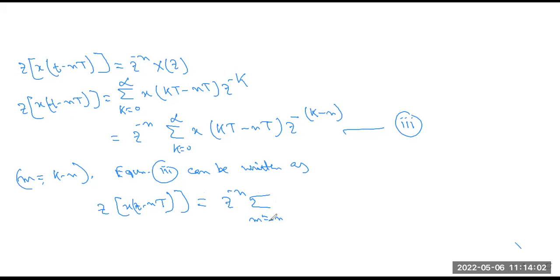Here you have to show m equal to minus n, because when you put k equal to 0, the value is m equal to minus n. That's why you have to write the lower limit as m equal to minus n.